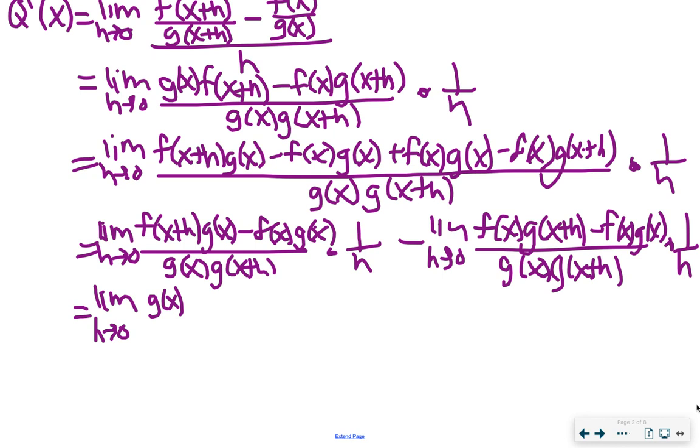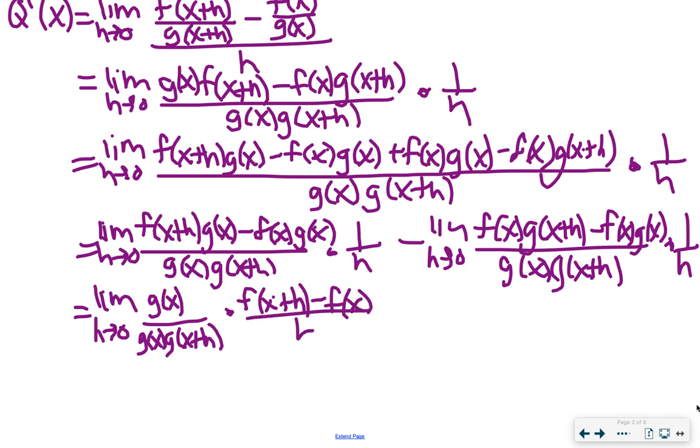If I factor out that g of x, keep that denominator on the bottom there. That's being multiplied by, on the top, f of x plus h minus f of x left in my numerator, and my denominator has that h.